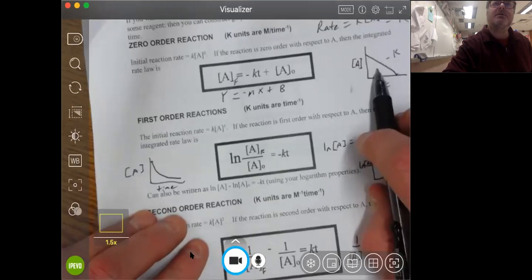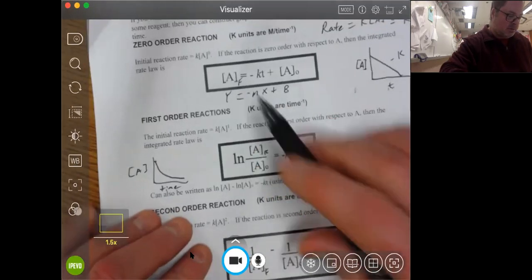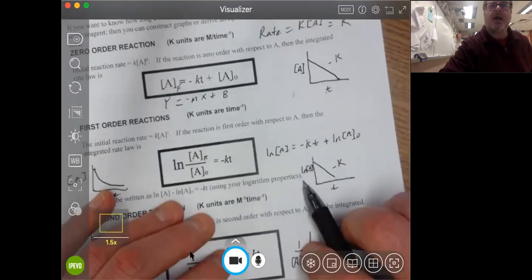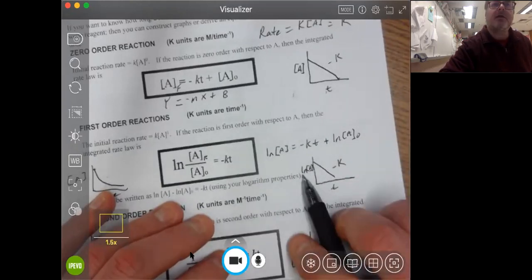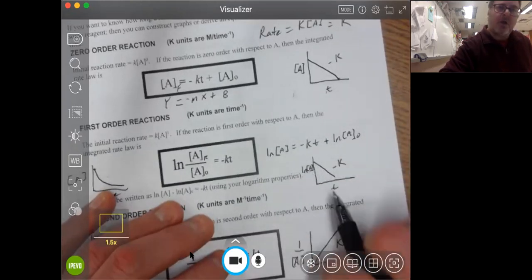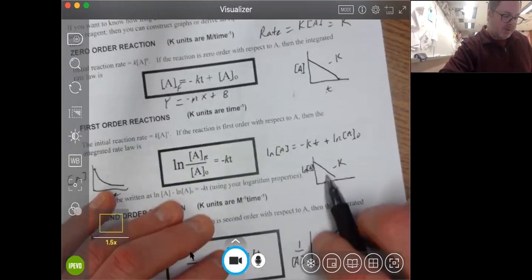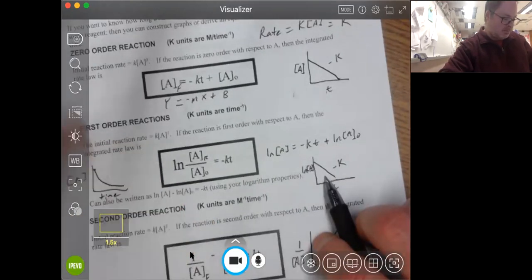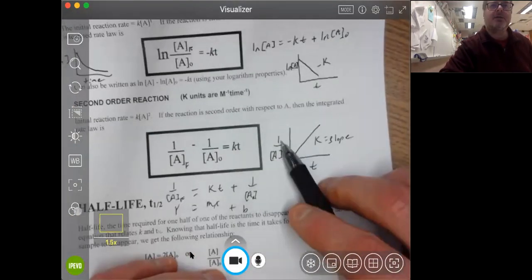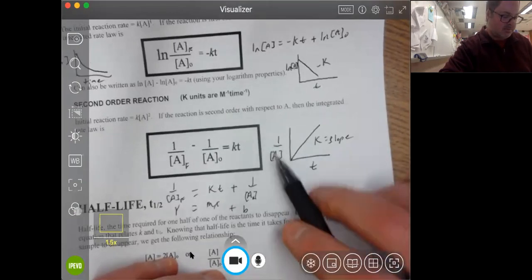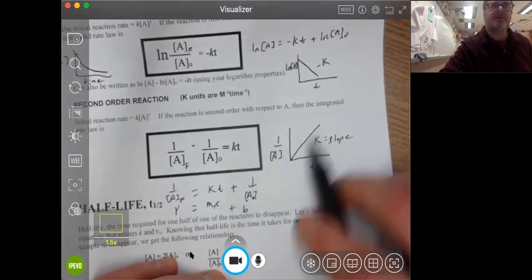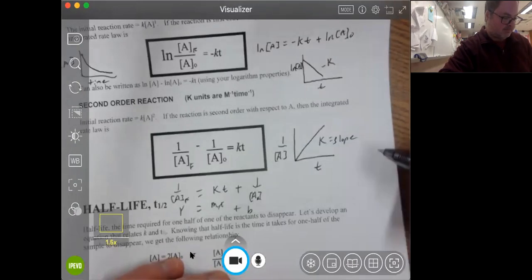If you don't get this, you know it's not zero order. Then you could add another column, take the natural log of the concentration and plot that graph. If you don't get this, then you know it's not first order. And then you could plot the inverse of the concentration, and you should get this if it is second order only.